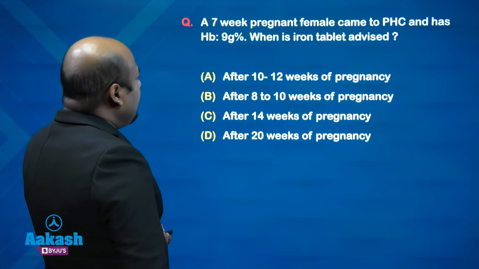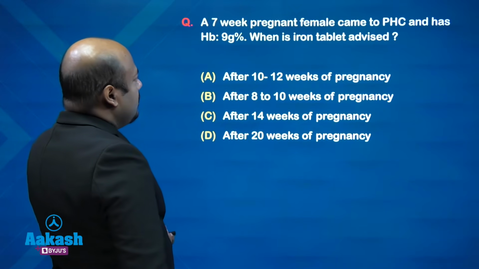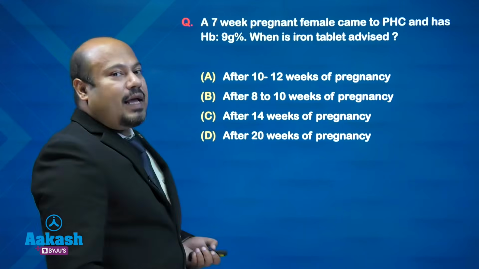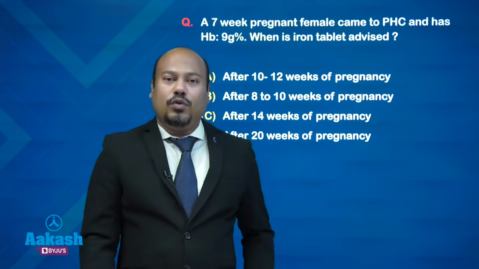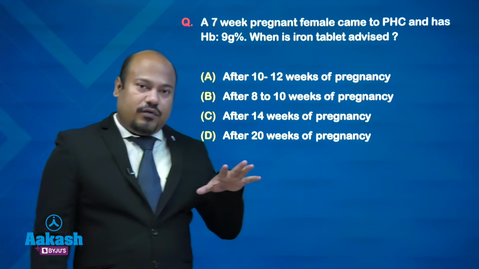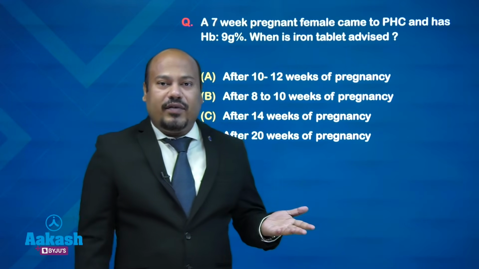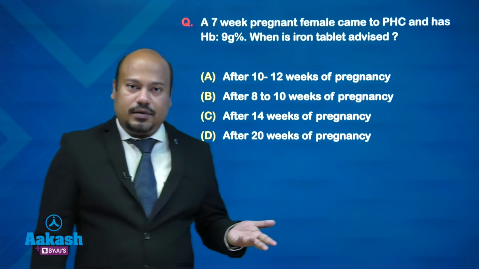A 7-week pregnant female came to PHC and has hemoglobin 9 gram%. When is iron tablet advised? See, listen to me, iron tablet is usually advised after the first trimester. You know why? Because in the first trimester, that particular pregnant woman is already having problems of nausea, gastritis, which is very common in the first trimester of pregnancy.